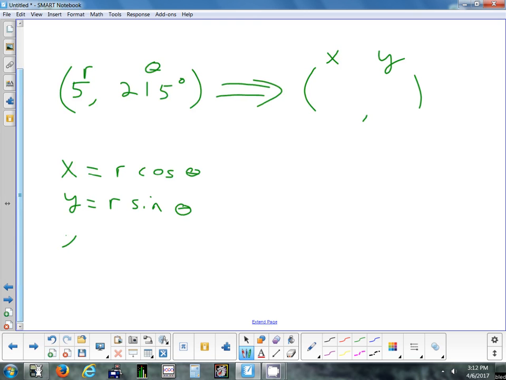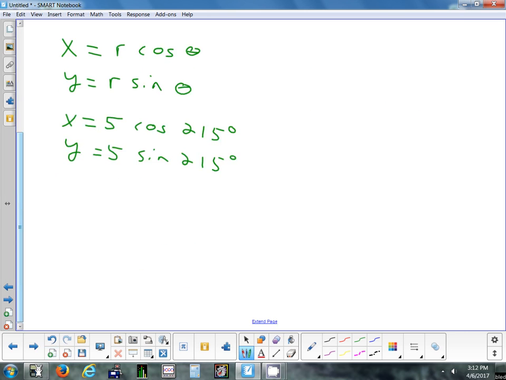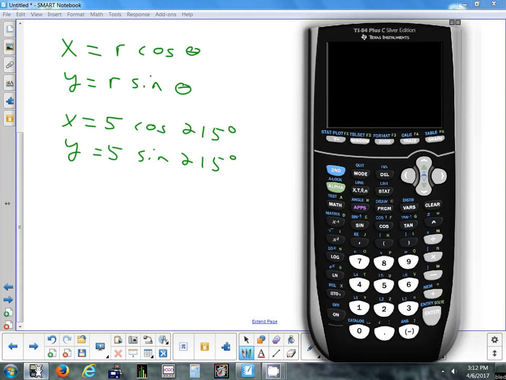So x would be 5 cosine 215, and y is 5 sine 215. We just type those in and see what we get.